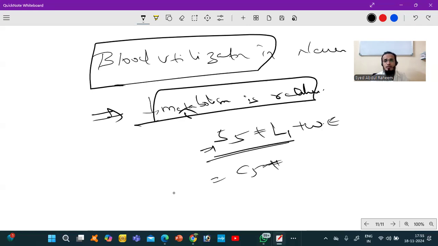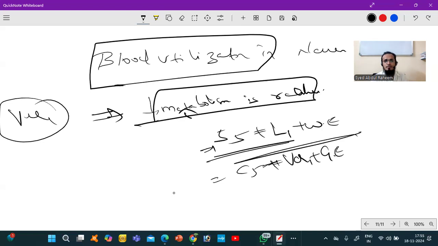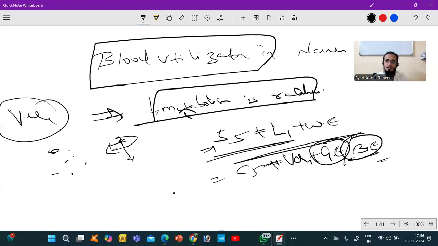And we know that there is an infection, so we have to add VER1, GE or BE. First, you start with GE, then you go to BE. Localized infection and circulatory, systemic infection can be cleared with the help of GE and BE.